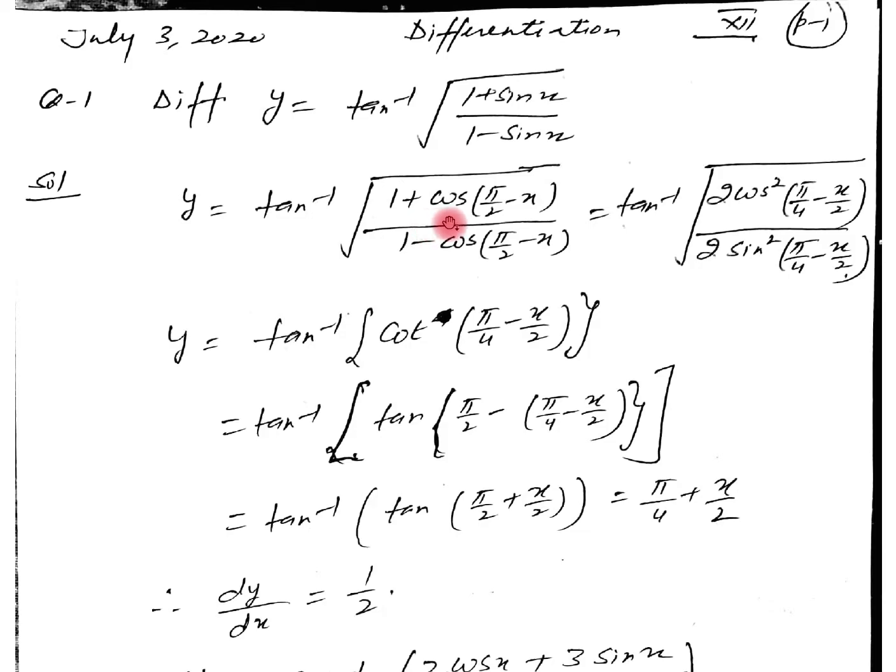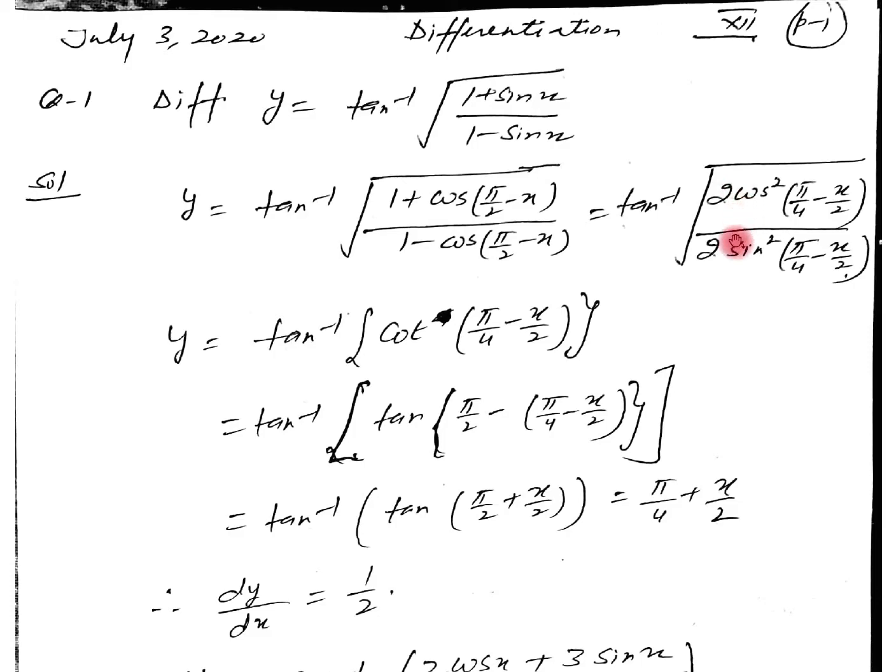We know 1 plus cos theta is 2 cos square theta by 2. It means 2 cos square (pi by 4 minus x by 2). Similarly, in the denominator, 1 minus cos theta is 2 sin square theta by 2. Here our theta is pi by 2 minus x.